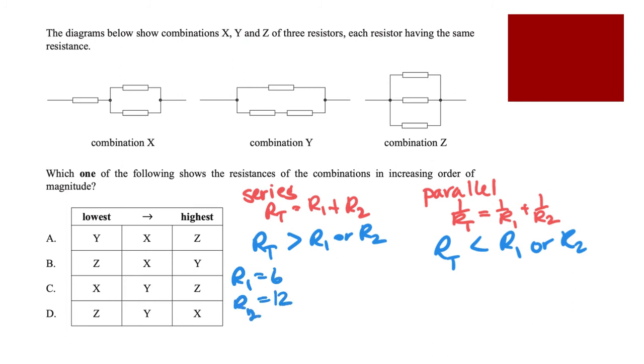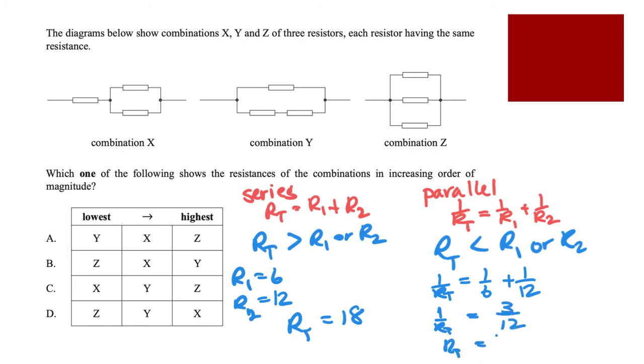If they were in series, then RT would equal 18. It is bigger than either of the other two. If I have them in parallel, then 1 over RT is going to be 1 over 6 plus 1 over 12. 1 over RT will then be 3 over 12. RT equals 4. And 4 is smaller than either R1 or R2.